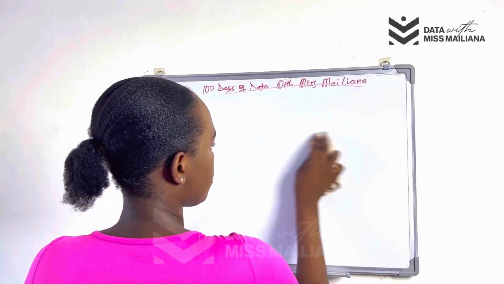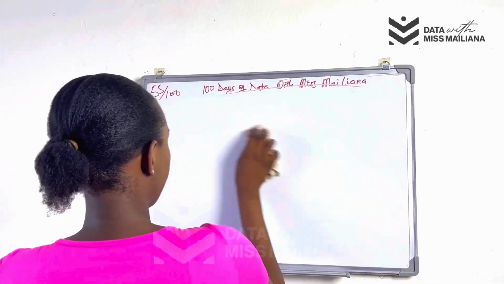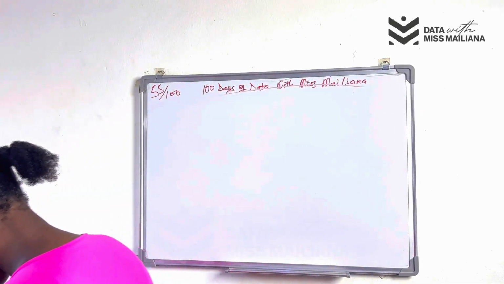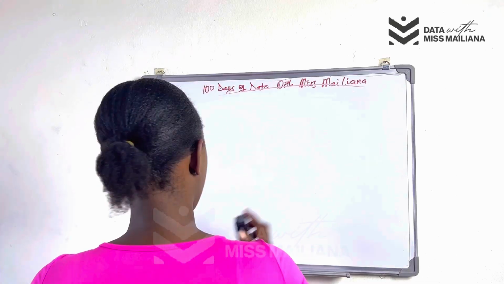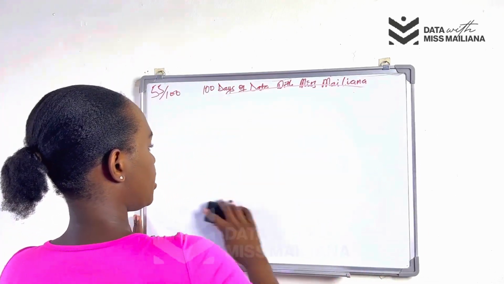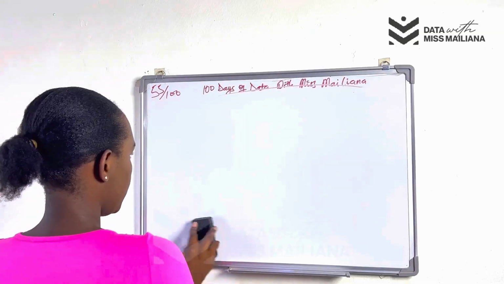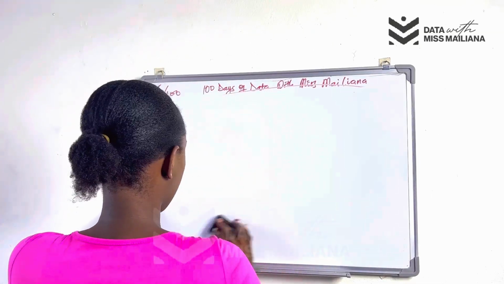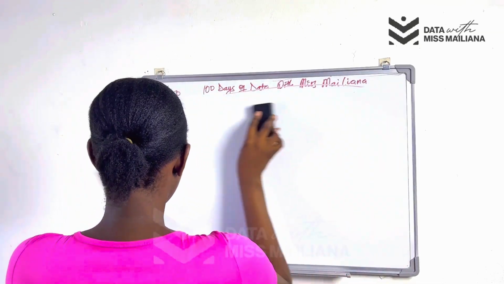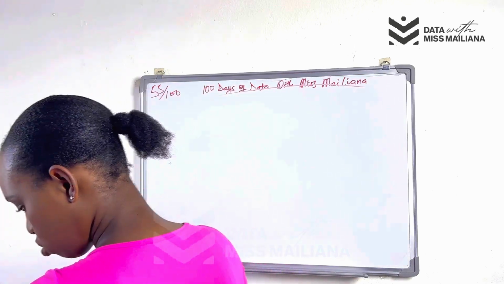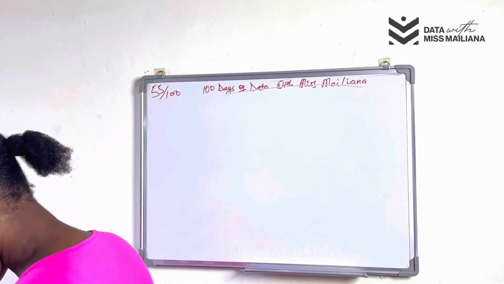So it's very important for you to do your EDA. There may be hidden patterns that you wouldn't be able to come across if you don't do your EDA. So you don't have to miss your EDA. It's one thing that is not negotiable.